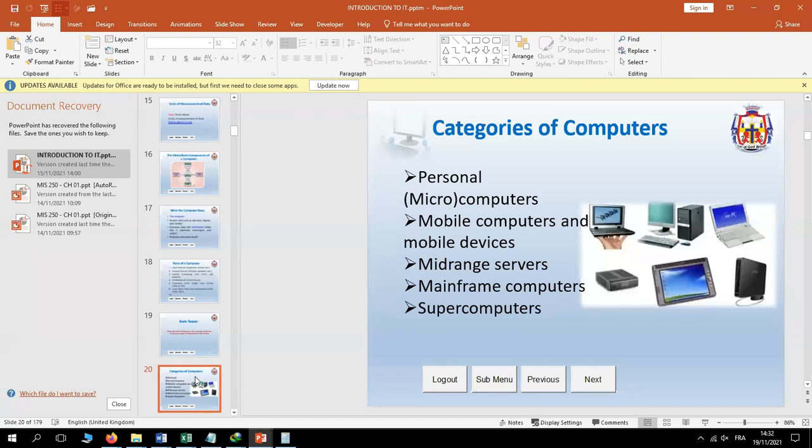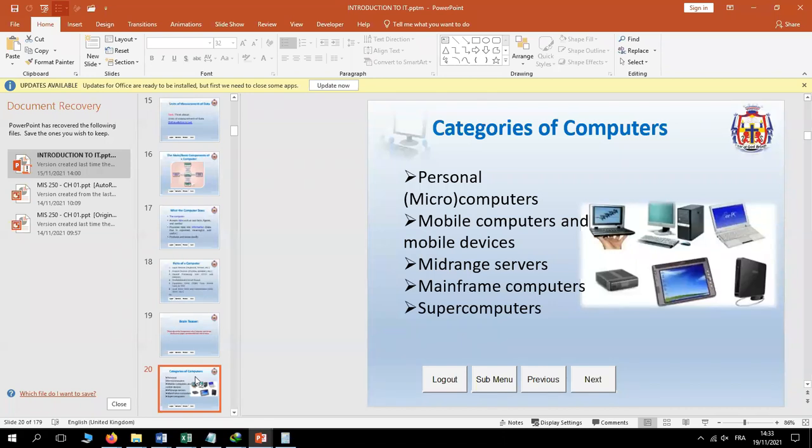Then we also have what we call personal computers. If you remember what I said at the beginning in lecture 1, most of the terms we use in computing are borrowed terms. Therefore, even the word computer, everything is borrowed from the normal English meaning. So what is a personal computer?